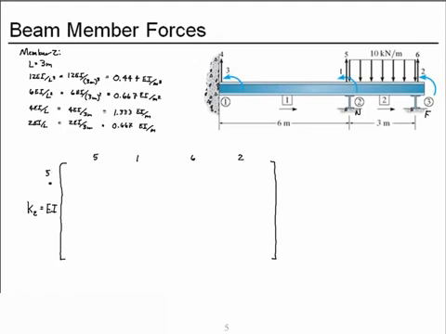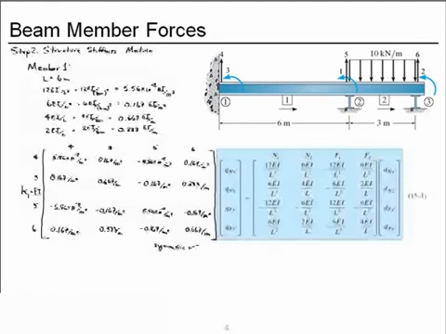So our rows are 5, 1, 6, and 2. And now for the entries. A quick peek back at equation 15-1. You might want to keep it handy.